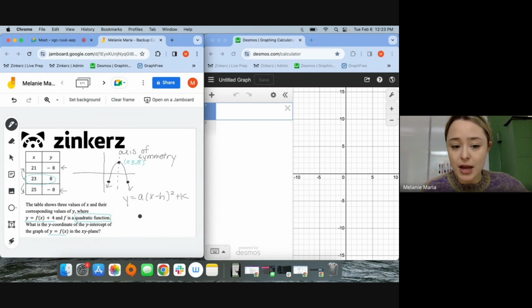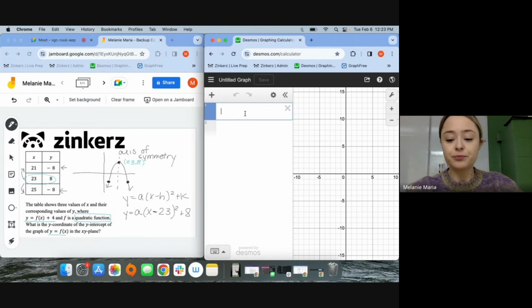I'm not quite sure yet, so I'm just going to leave A as is, and then fill in my 23 and 8, where they should go in my vertex form. And again, just keeping in mind this minus sign is how it should be. So now I have an equation that I can plug into Desmos. And I'll plug it in exactly how I see it, leaving that A value there. I'll talk about that in a second.